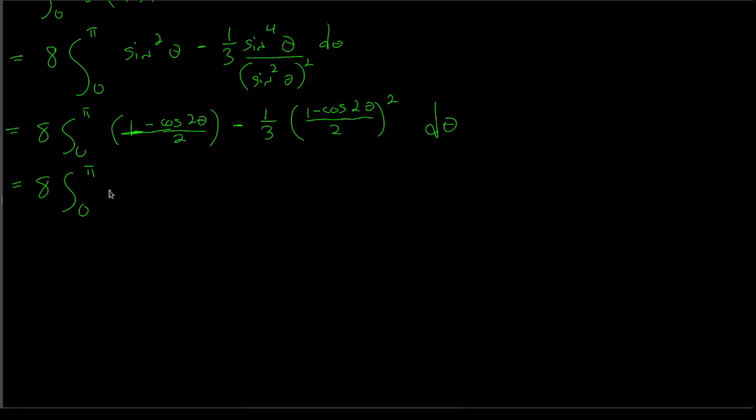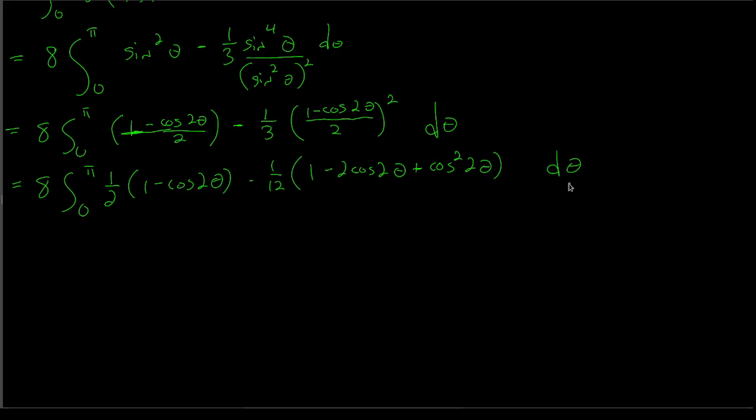And let's see, this has a half, so I'll pull this half out front. And so this will give me 1 minus cosine 2 theta. And if I do this squaring, that's going to be a 4th underneath, so I'm going to pull that 4 out front. So that'll be a 12th. And upstairs I'm going to have 1 minus 2 cosine 2 theta plus cosine squared 2 theta, d theta.